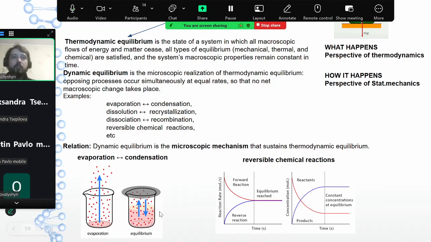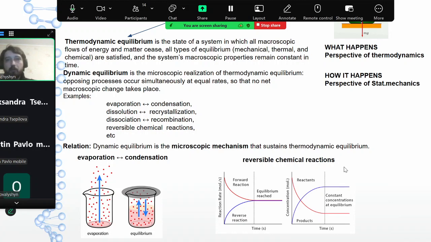So this is a closed system, and it is in thermodynamic equilibrium. If I open this beaker, so I remove this watch glass or whatever it is, the system will no longer be in equilibrium, and probably the liquid will fully evaporate. The same thing goes for chemical reactions.